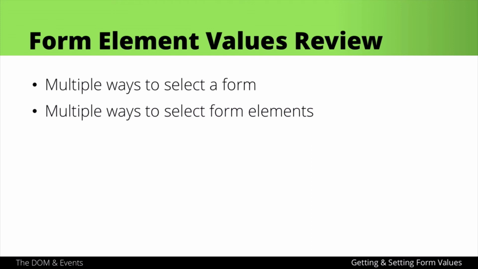And the same thing goes for selecting form elements. We could treat the form like an array and loop through it. We could say, give me the first, second, or third value in the form. And then we could use the same things we've seen, getElementById, getElementsByName, querySelector, any of that stuff to get specific elements.